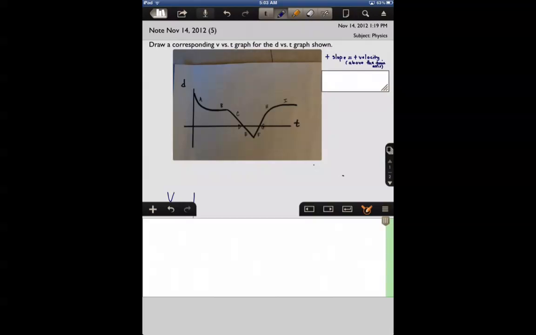And increased steepness corresponds to increased speed. I'm using the word speed there because I'm talking about how fast, magnitude, not direction.